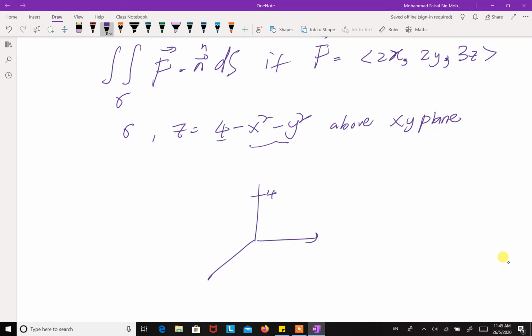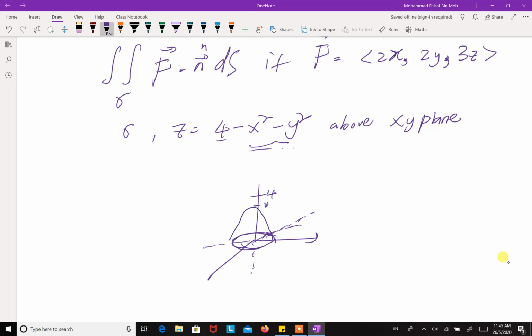Make sure you already know how to draw; we've learned this in chapter 1, chapter 2, and chapter 3. If z is 0, this is a circle with radius 2, and then I can put here 2, then I have 4 here.